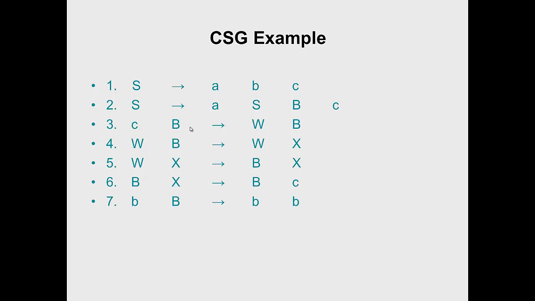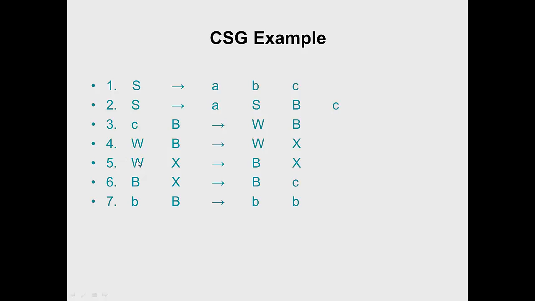Example of CSG grammar: S equals ABC, S equals AS, BC. And here is the difference between the context-free grammar and the context-sensitive grammar: you have CB, so we have a non-terminal followed by a terminal, and that is an expansion over the context-free grammar, which only allows one non-terminal.